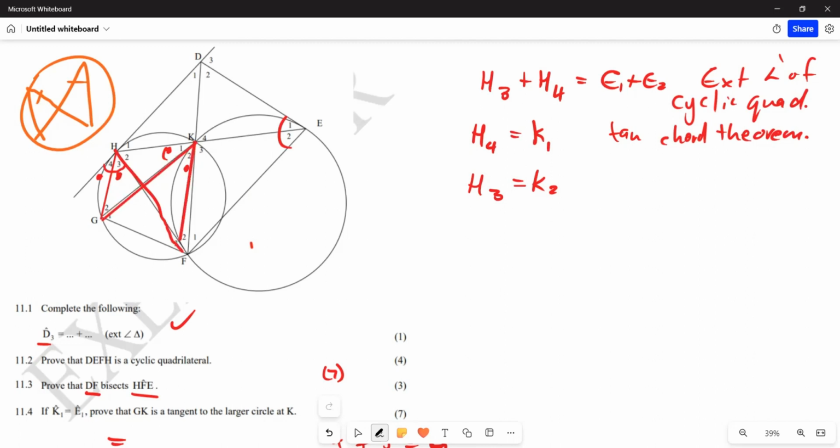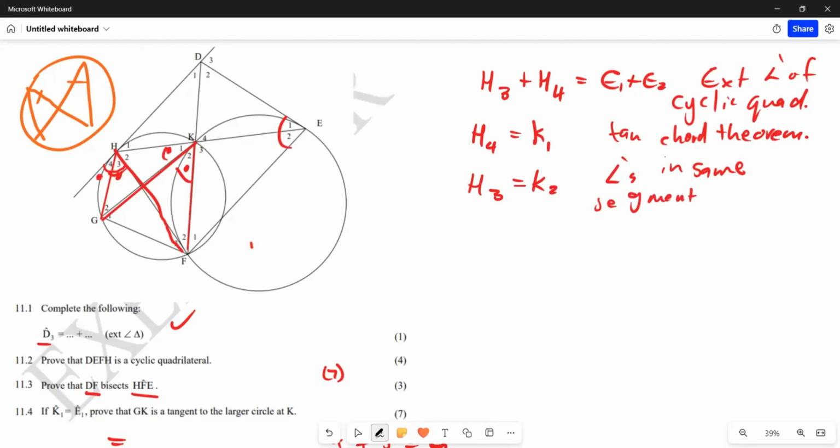So these are the butterfly angles. Therefore, your angle H3 is equal to your K2. Angles in the same segment. That's going to be the reason for that.